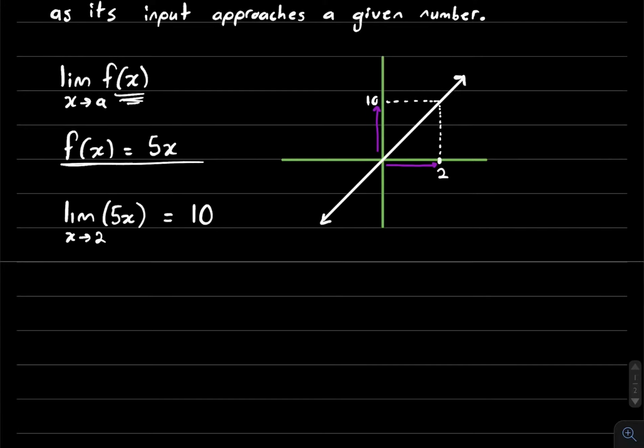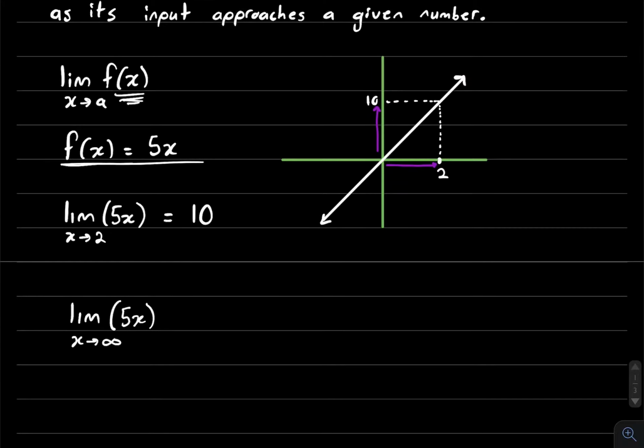Let's say that we wanted the limit of f of x. We're still going to use the same f of x, let me just write it as 5x, as x approaches infinity. Okay, what does this mean now?